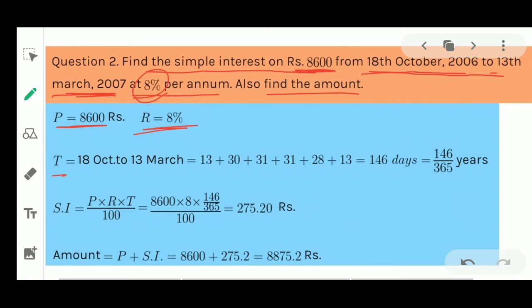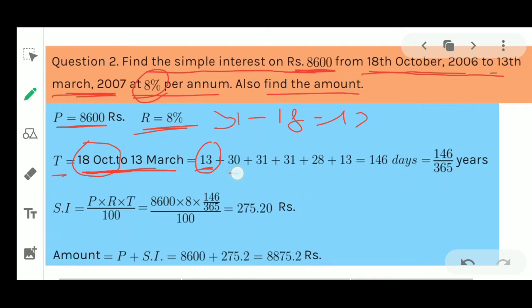So time T is 18th October 2006 to 13th March 2007. In October, 13 days are left, because October is 31 days minus 18 equals 13. So that is the remaining days of October.